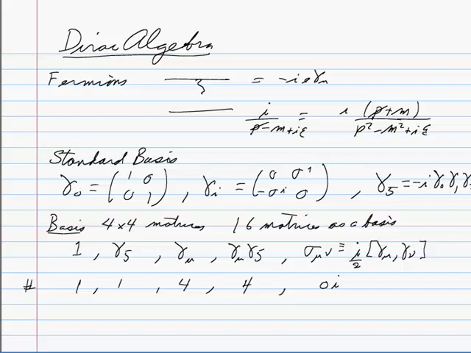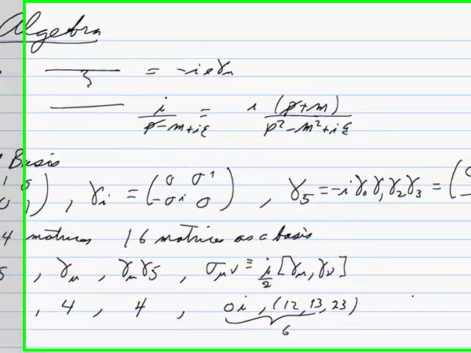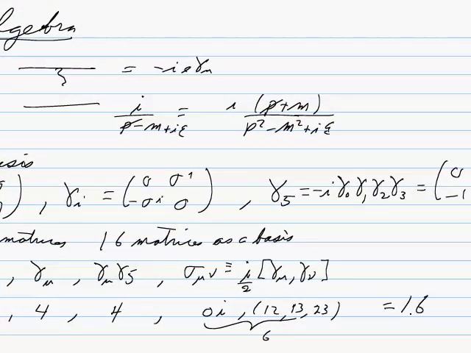And in the ij case, there's 1 2, 1 3, and 2 3, and those are the only anti-symmetric ones you can get. So this equals 6. So this does total to 16.